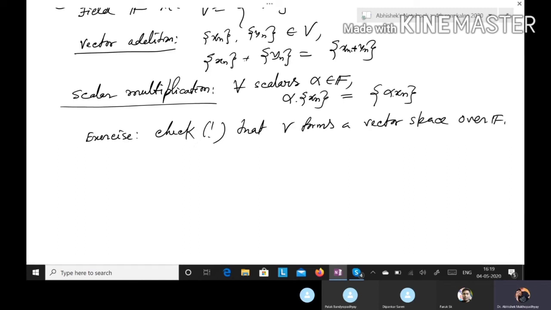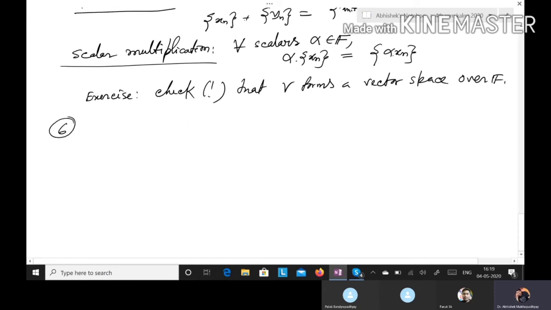Actually, you need to know many more examples to view vector spaces in general. Now, the next one is very crucial because this example will tell you, given any vector space, how to construct a new vector space from an old vector space.